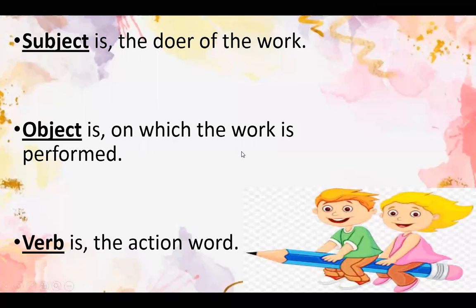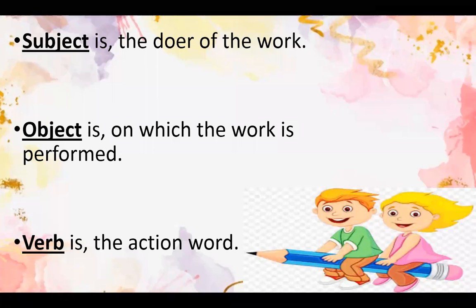So if I say Ali is eating a mango, Ali is eating. This is action, right? And Ali is a subject. But what is Ali doing? Ali is eating, right? This is verb. And what Ali is eating? Ali is eating a mango.